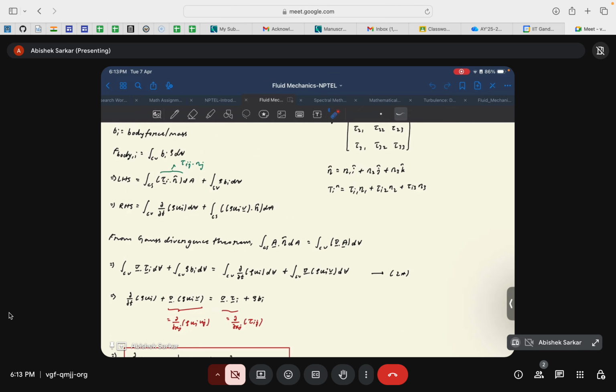So we just consider the ith velocity component. What you see is that we have a volume integral and a surface integral, and similarly a volume integral and a surface integral on the left hand side. We cannot directly remove the integration because these are two different kinds of integrals. So we need to convert either all of them to surface integrals or all of them to volume integrals.